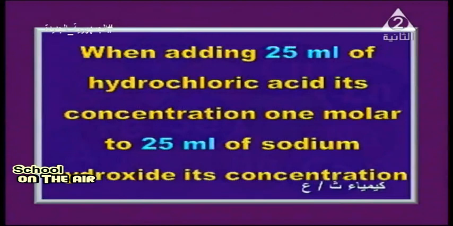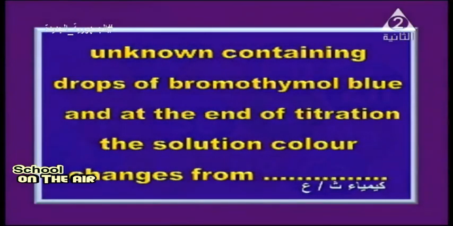Next point, when adding 25 milliliter of hydrochloric acid, its concentration 1 molar, to 25 milliliter of sodium hydroxide solution, its concentration unknown, containing drops of bromothymol blue. At the end of the titration, the solution color changes from what?